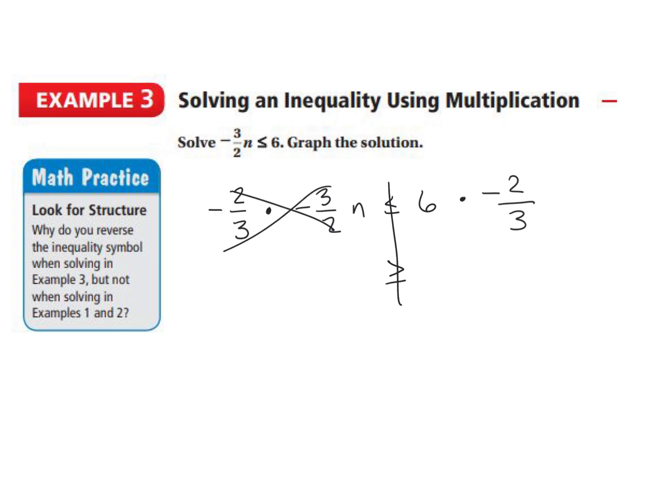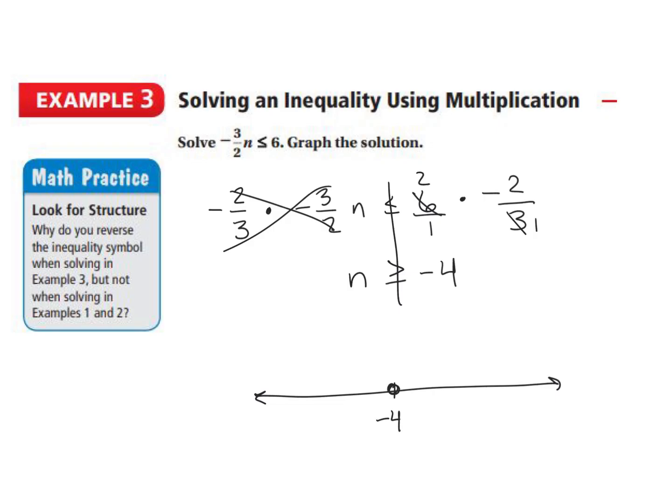What happens here? Well, these cancel. I'm left with just n. 6/1 times -2/3. I can do a little bit of simplifying first, and I end up with -4. To graph that solution, I see n is greater than or equal to -4. -4 is here.